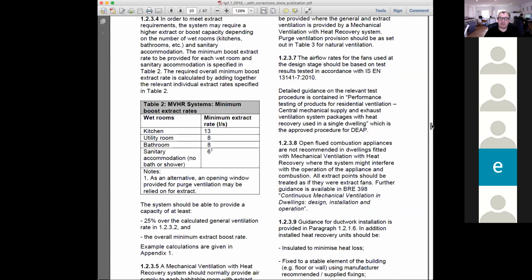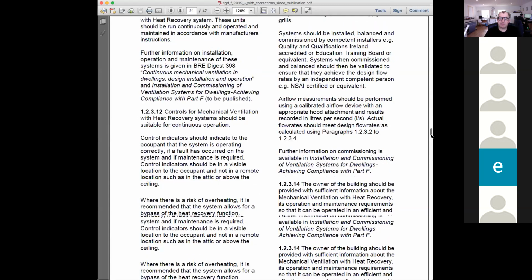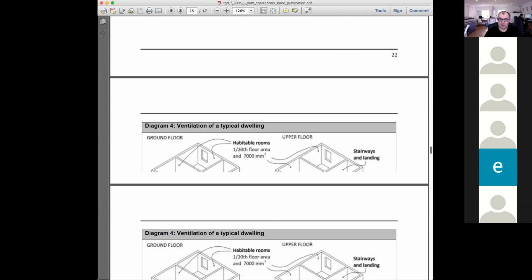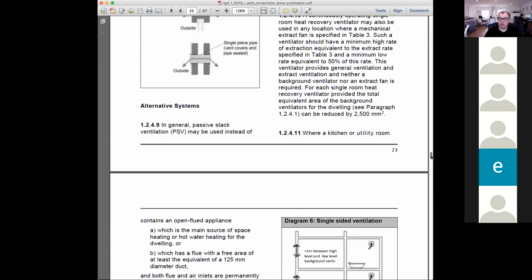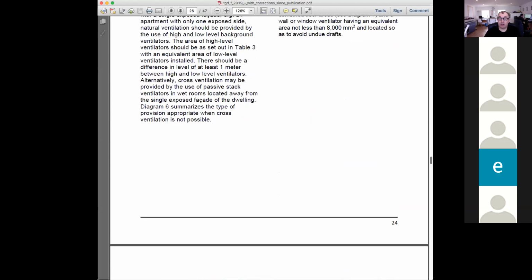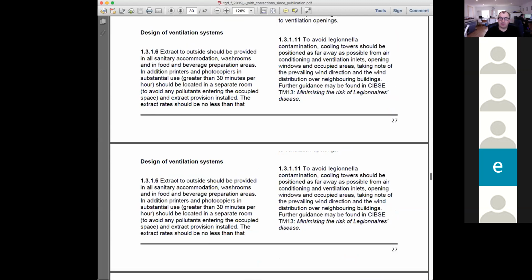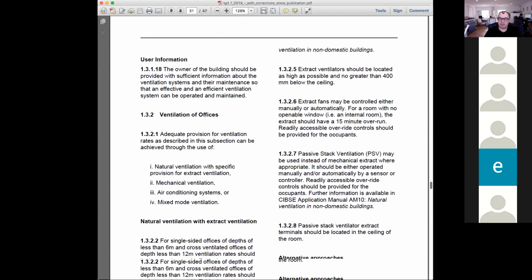As I said, I'm going to skip through this, but we're going to be picking out some of these things in more detail. And if you wanted to go to the main document, this is it, Part F. I'm going to make sure that you have access to that online. Now, what we're going to do next, I'm going to introduce the different types of systems.